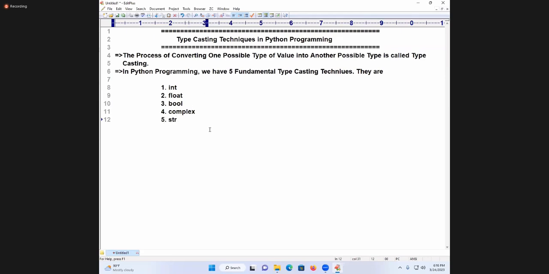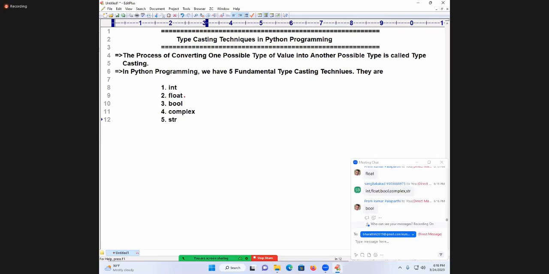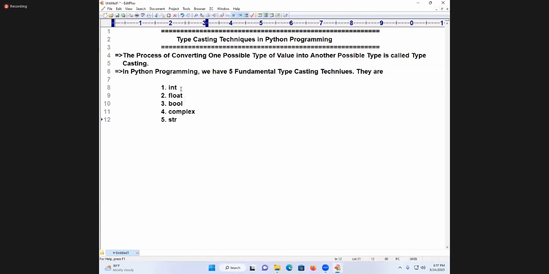Now I want to convert which type? Float to int, bool to int, complex to int, and str to int. To convert all the other types of values, we have the function called int(). What is the function name? int().